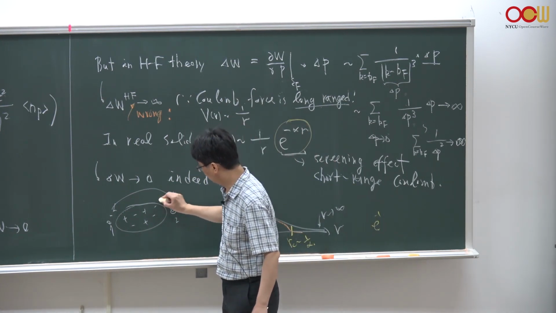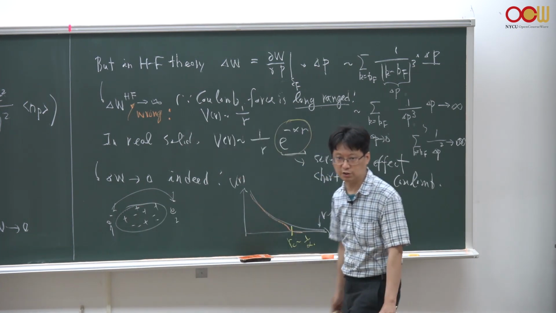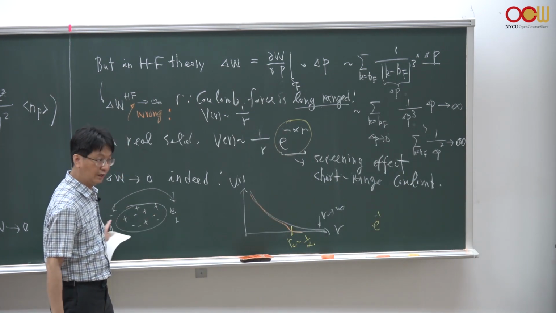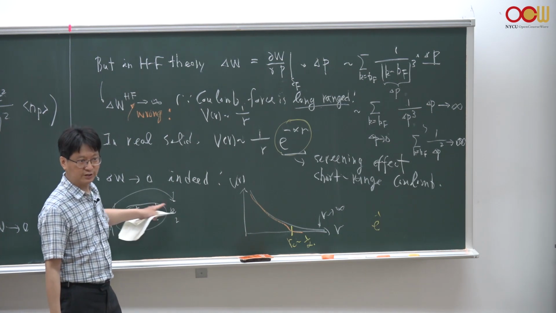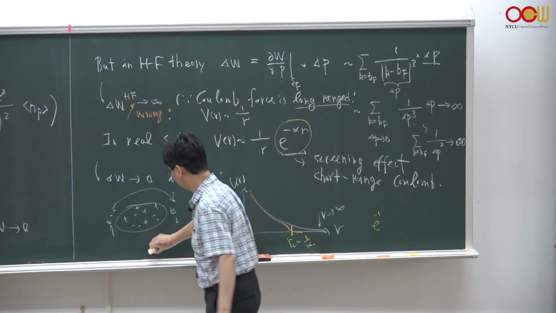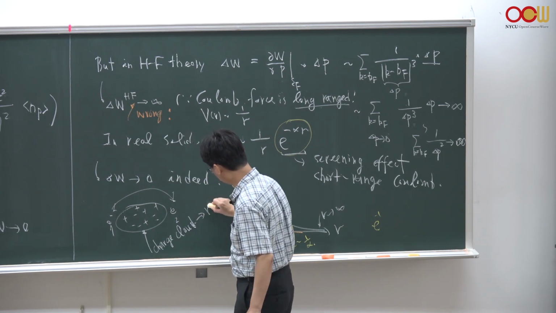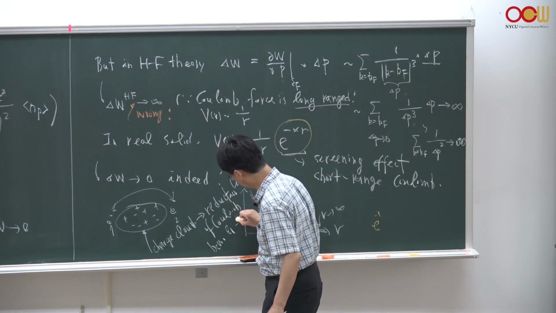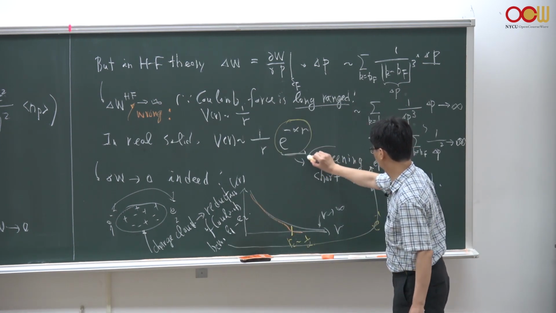So there are many electrons and ions in between these two electrons, so that effectively the Coulomb potential between electrons 1 and 2 will be strongly affected by this kind of charged cloud in the middle. This charged cloud will lead to a reduction of the Coulomb interaction between electron 1 and electron 2. And this is precisely the screening effect.